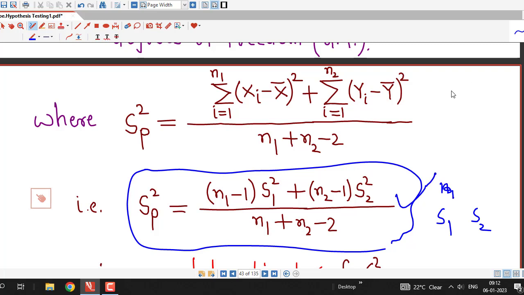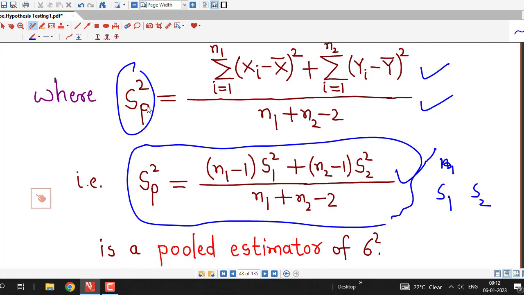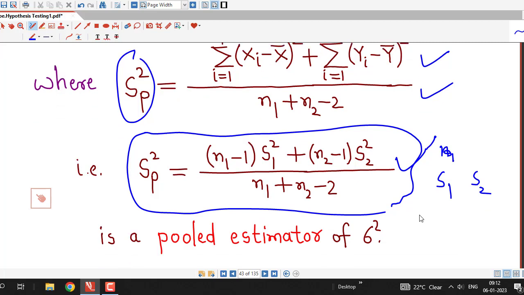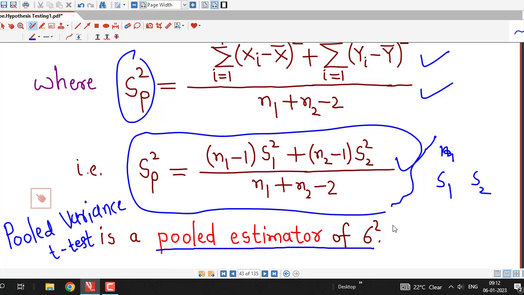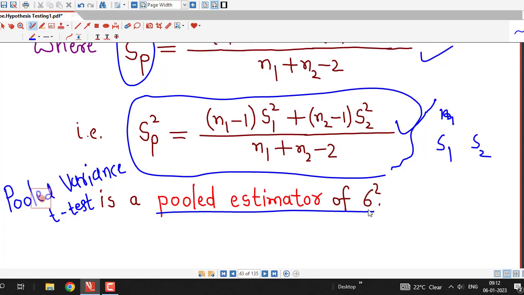And if you are given data for two samples, that is you are given observations, then you can use this formula to calculate pooled variance. Because we are using this pooled variance, sometimes this test is also known as pooled variance t-test, because we are using pooled estimator of population variance.